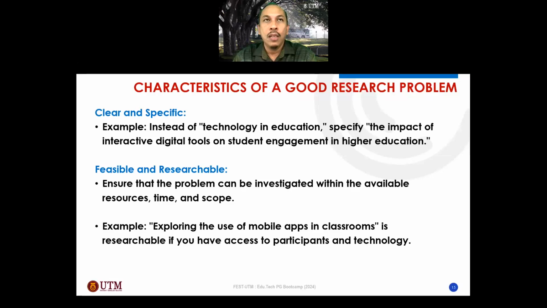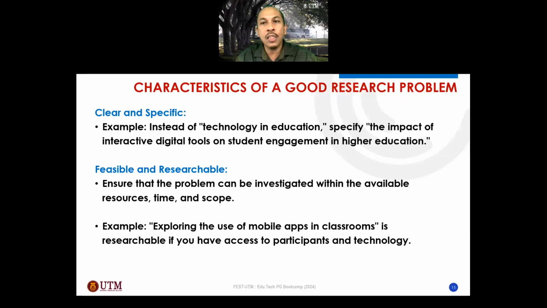For example, instead of trying to tackle a broad topic like technology in education, which is too big, too broad, with no clear focus, you might choose one focus: the impact of interactive digital tools on student engagement in higher education.